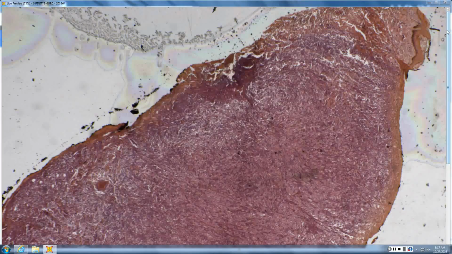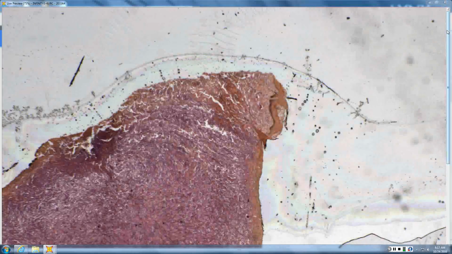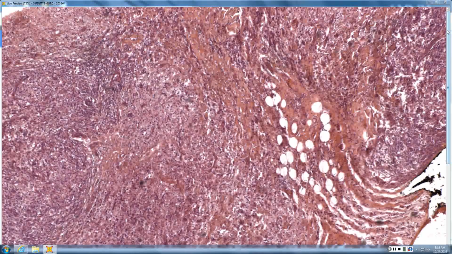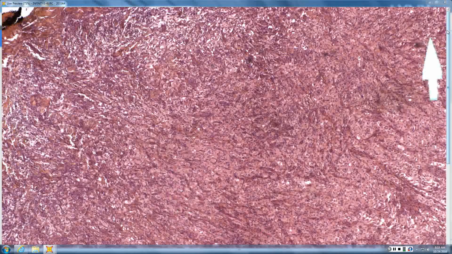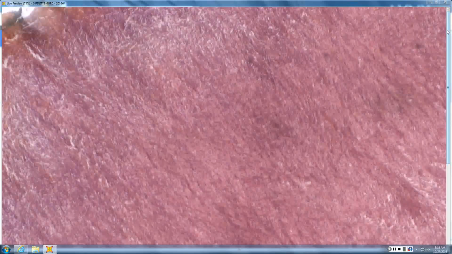Okay, so we obviously have a deep nodule that was biopsied, and you have sheets of amphophilic histiocytes, and you have nodules of black lymphocytes.